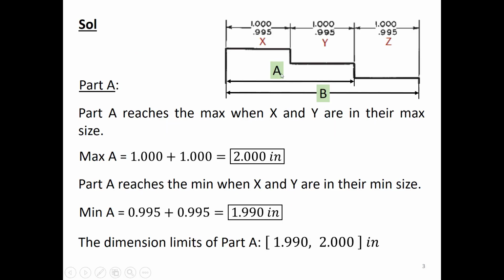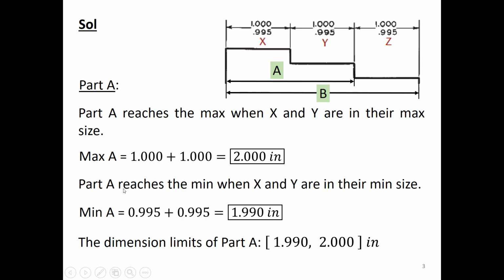So first of all, for part A, part A will be the maximum dimension when x and y are both in the maximum dimension. So the maximum dimension of A is going to be 2 inches.